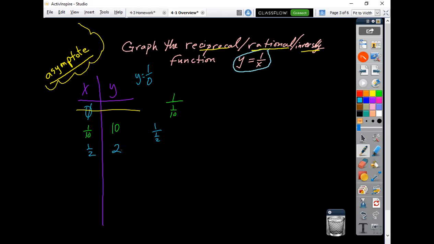So that's division of fractions. You can't do the 0. On the negative side, if you put in a negative 1/10, you'd get a negative 10. If you put in a negative 1/2, you have a negative 2. If you have a negative 1, you'd have a negative 1 over 1. If you put a positive 1, it'd be a 1.